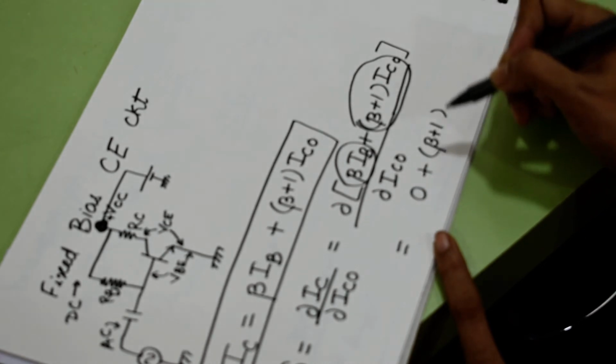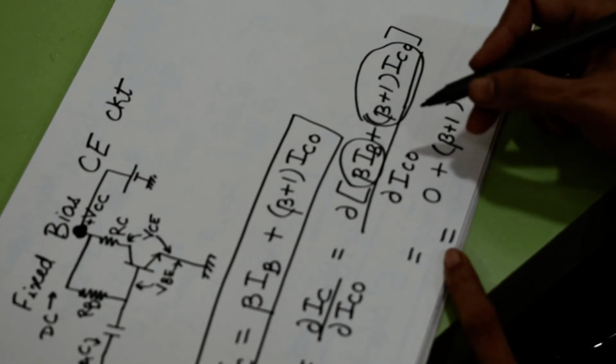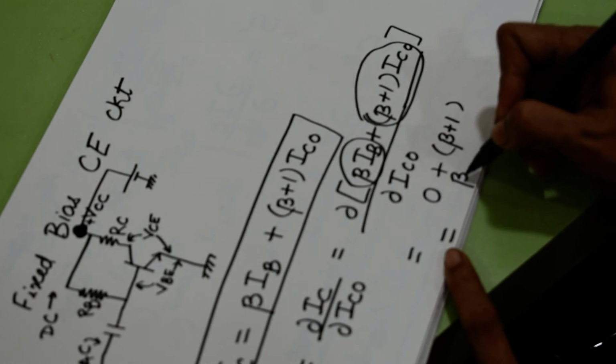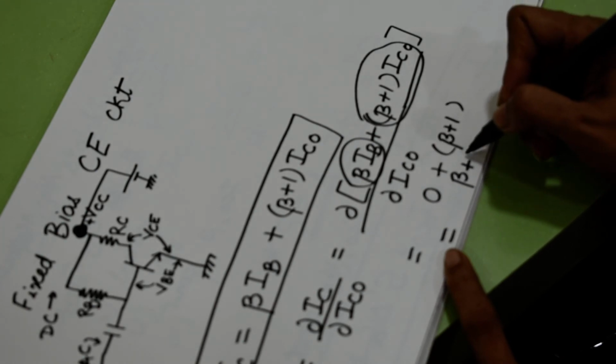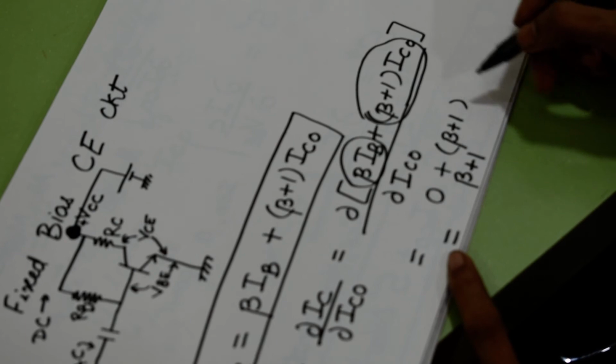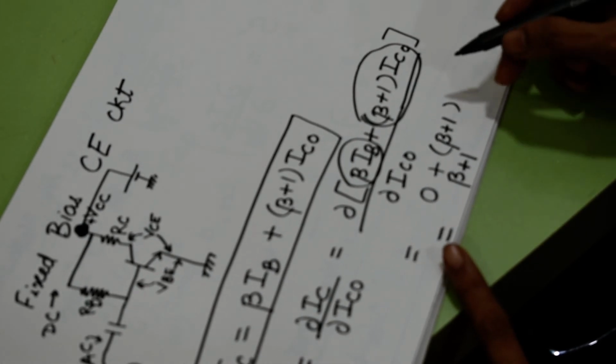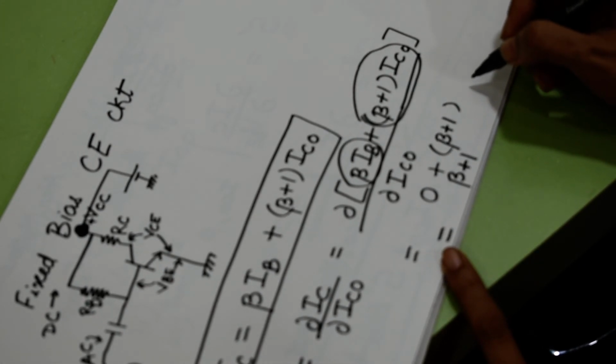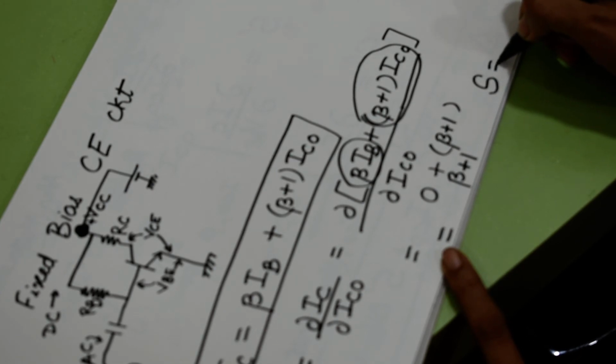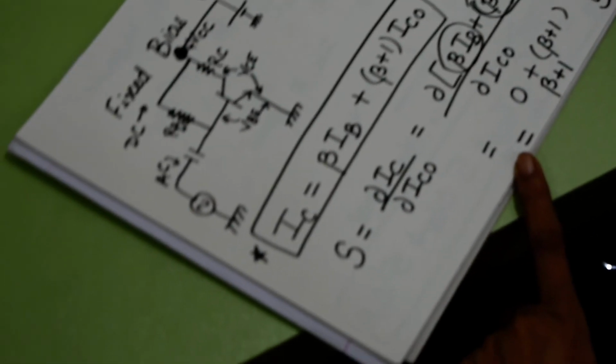So the overall value will be equal to beta plus 1. Approximate value of beta is say 100, then my stability factor will be 101.